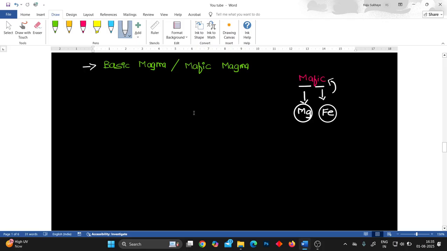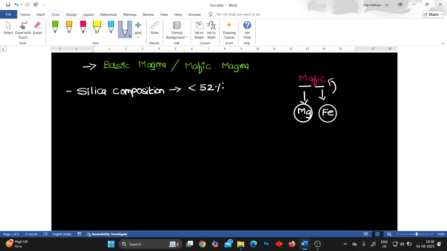Okay, so like your acidic magma, we'll be seeing what the other properties present in this are. First of all, we'll see the silica composition, what is present in this particular magma. In basic magma or mafic magma, the silica concentration will be less than 52%.